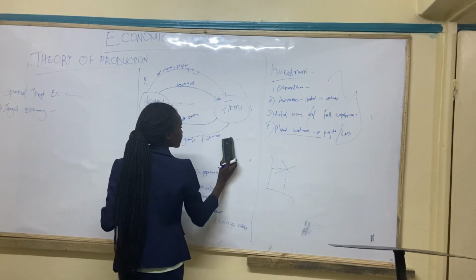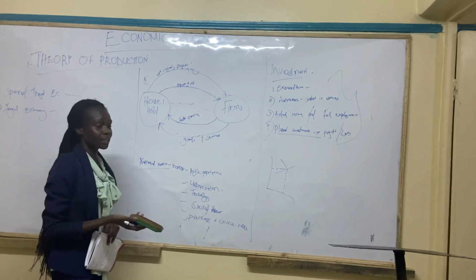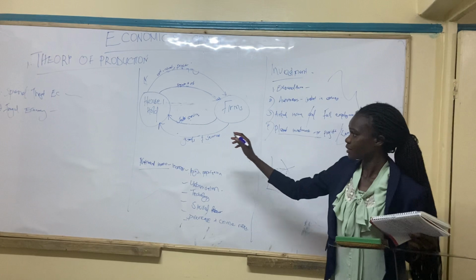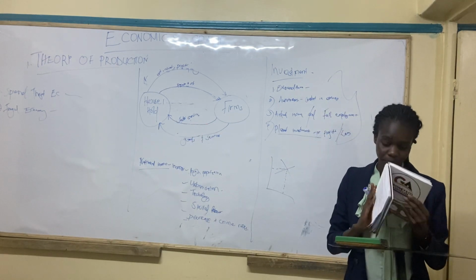So this is circular flow of income between households and a farm. So this one is explanation to the spendthrift economy.